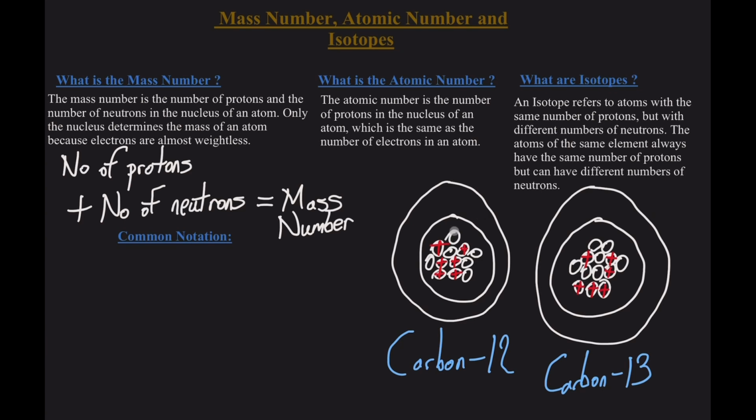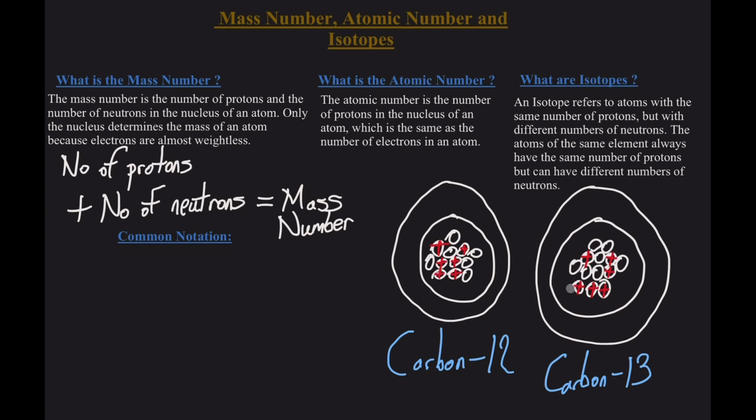The empty circles represent neutrons, and the circles with a red cross represent protons. Apologies for the poor drawing. The number of neutrons here is 6, and the number of neutrons here is 7.